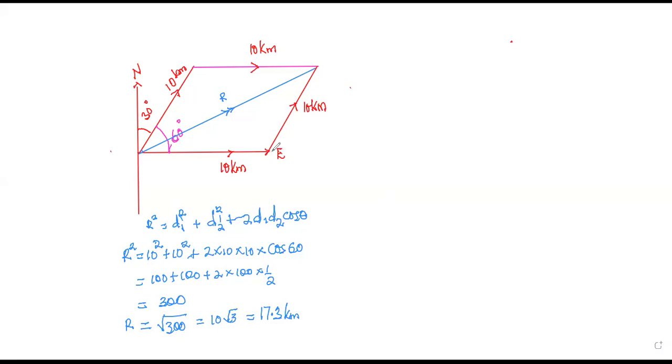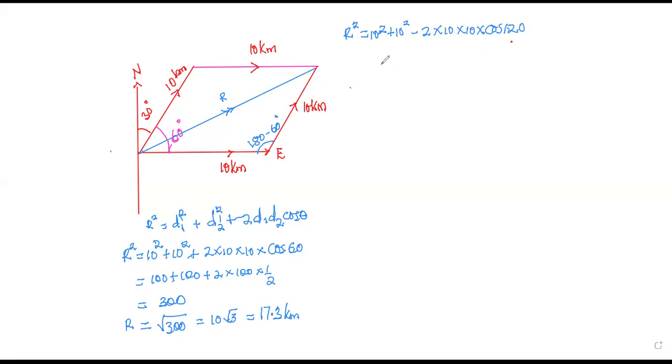If you also want to use the corresponding obtuse angle, it is 180 minus 60. Okay, so R squared is equal to 10 squared plus another 10 squared, this time minus 2 times 10 times another 10 times cos of 120.